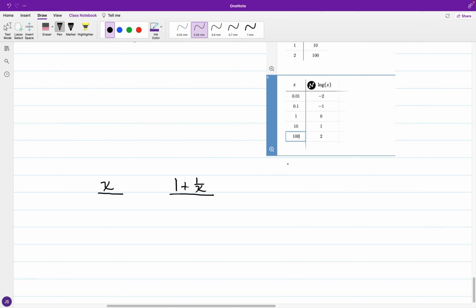So you have, for a value x, 1 plus 1 over x, and say we have 1 plus 1 over x raised to the x. And just throwing in some numbers here.